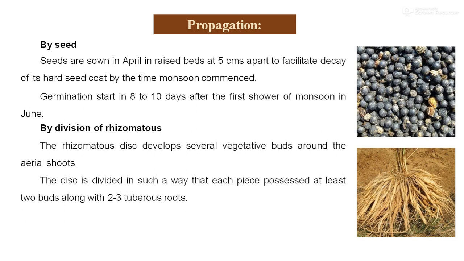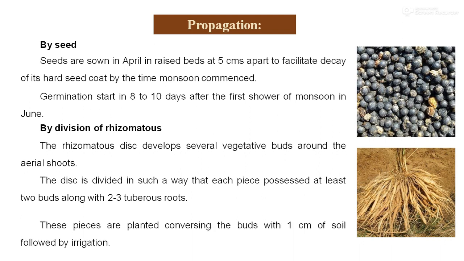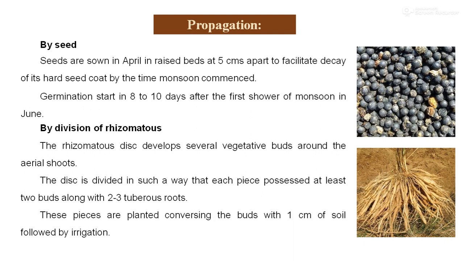The disc is divided in such a way that each piece possesses at least 2 buds along with 2 or 3 tuberous roots. These pieces are planted covering the buds with 1 centimeter of soil, followed by irrigation. Sprouting commences 8 to 10 days after the plantation.